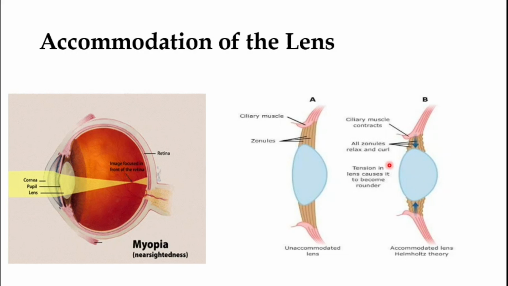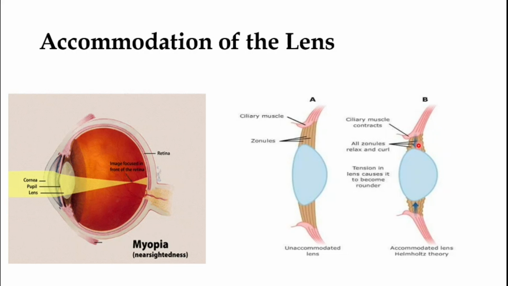So now we will try to understand how the accommodation of the lens is occurring. I have already told you that the lens is being held in position by the help of these ciliary muscles, and the lens is attached to the ciliary muscles by these zonules or the suspensory ligaments. So what really happens when you have to focus for the near vision, when you have to see the things which are near to you, the ciliary muscles will contract in the forward direction.